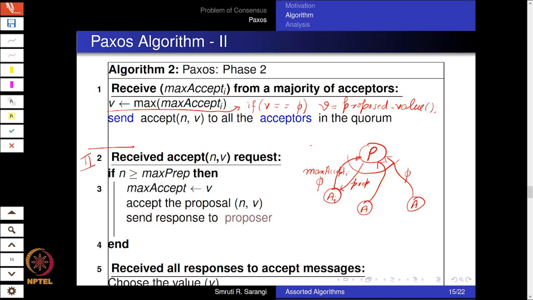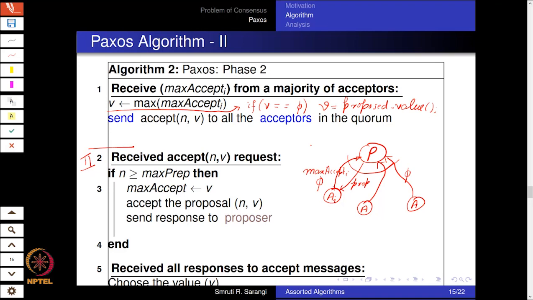What this says is that if all the acceptors send a null value, then the proposer is at liberty. This is the only time when the proposer is at liberty to propose a value on its own, the value that it wanted to propose.